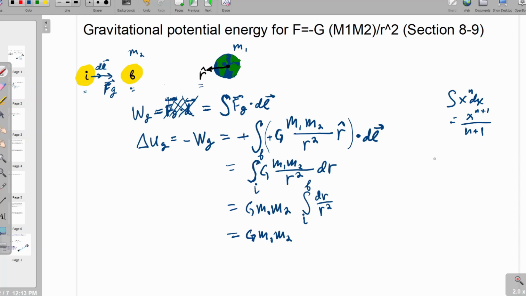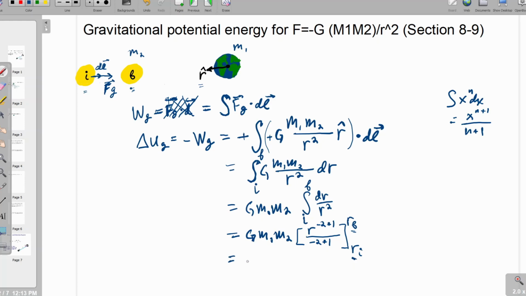So I would have r to the minus 2 plus 1 in the numerator divided by minus 2 plus 1 in the denominator. And this would go from r initial to r final.